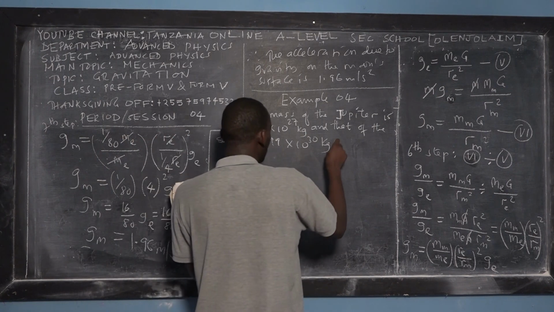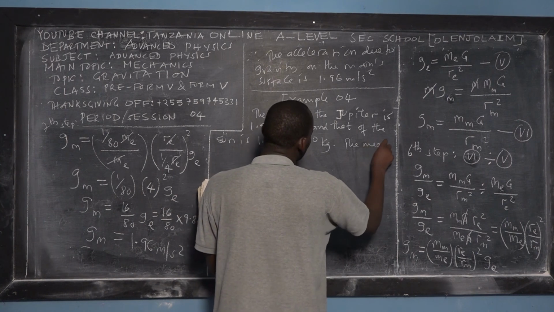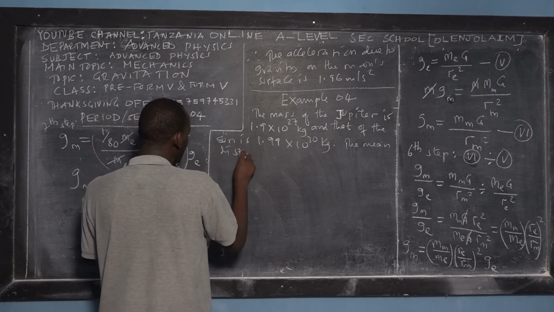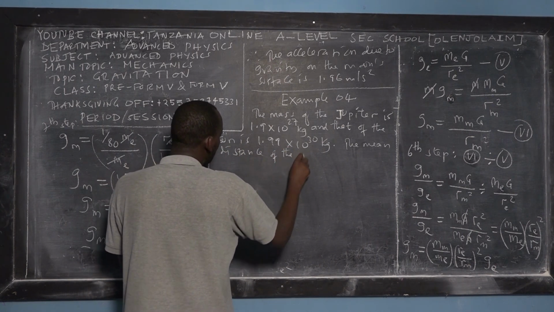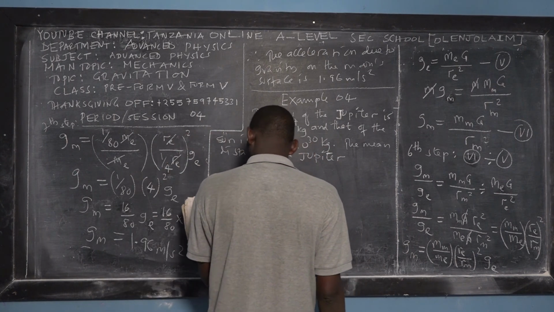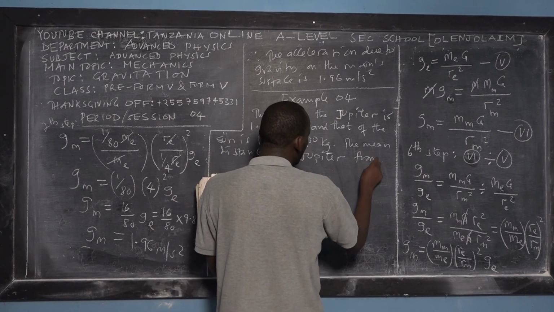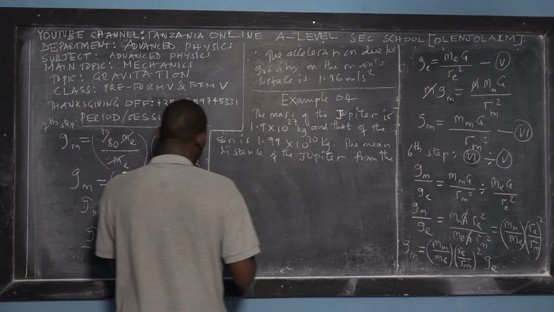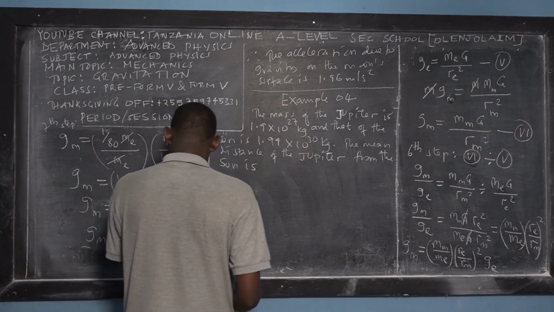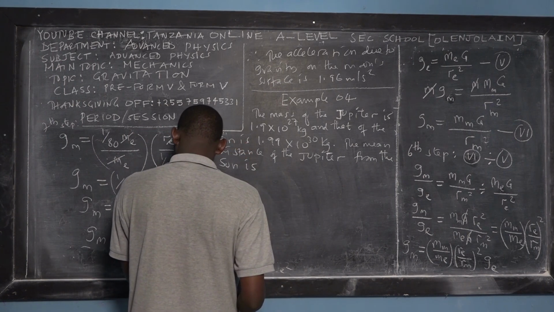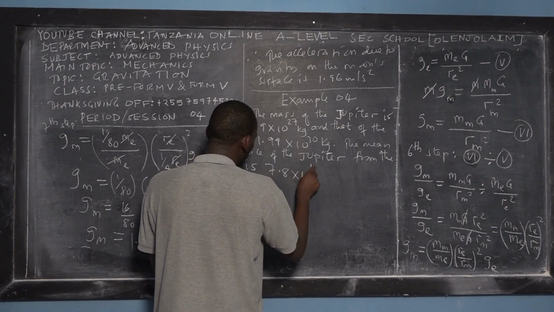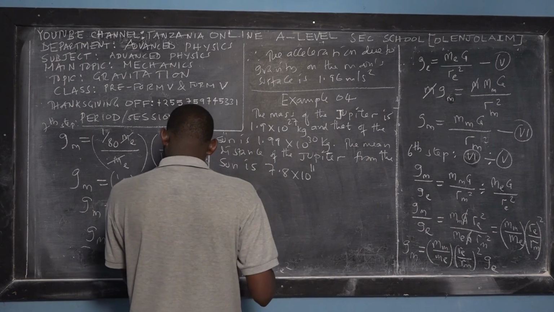The mean distance of Jupiter from the Sun is 7.8 exponent 11 meters.